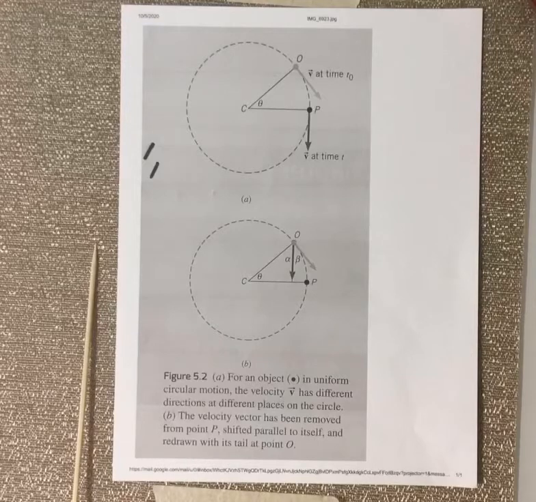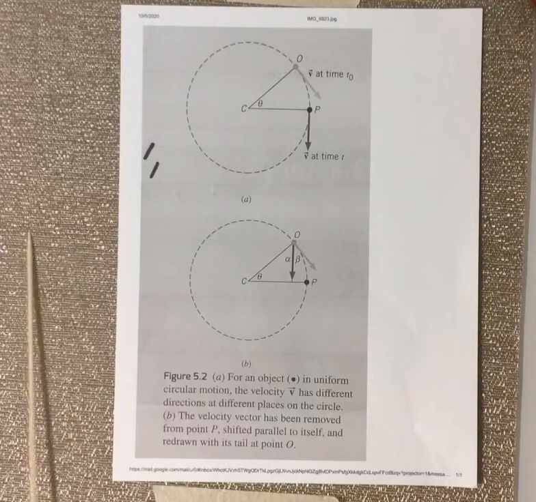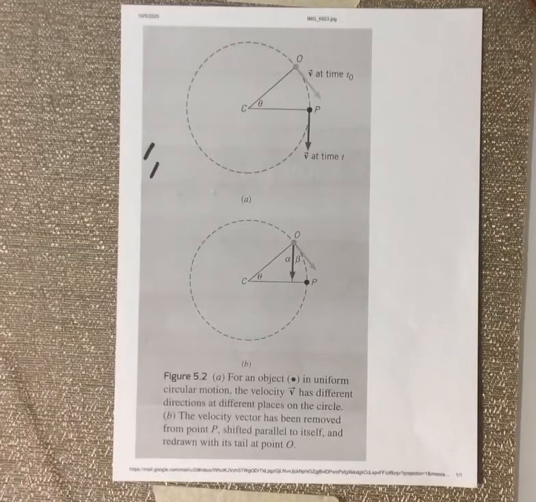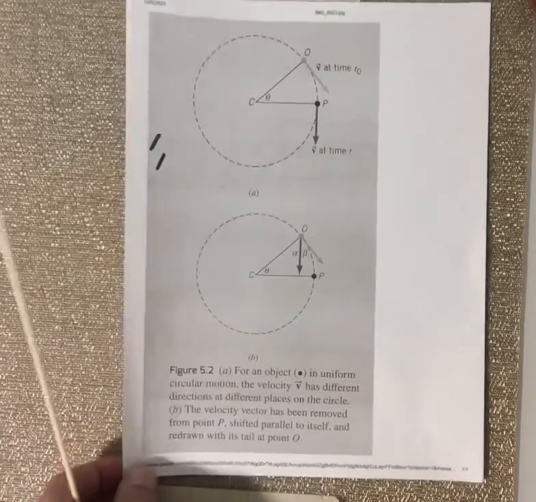And in part B, the velocity vector is at point P, which is a point on the circumference, and also the center of the circle, which is the radius.